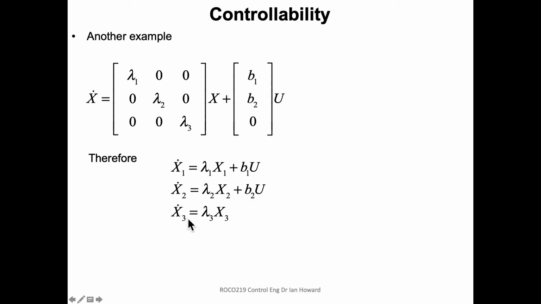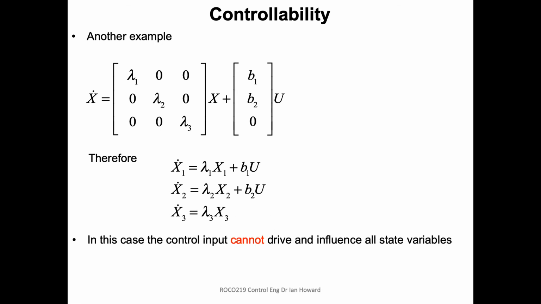But x dot 3 is only a function of the state x3. It's not a function of the input. Therefore, the input cannot affect x dot 3, and it therefore cannot affect x3. So in this case, the controller input cannot influence all of the state variables. Therefore, the system is not controllable.